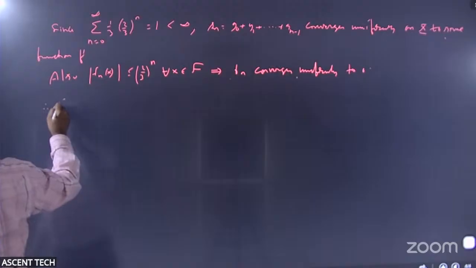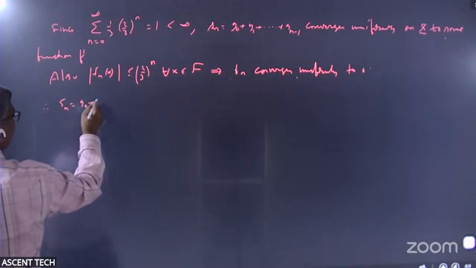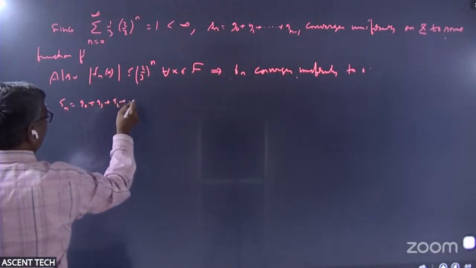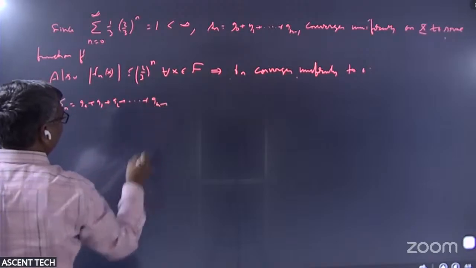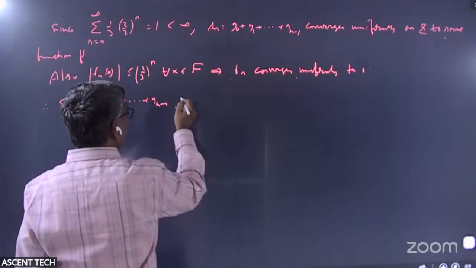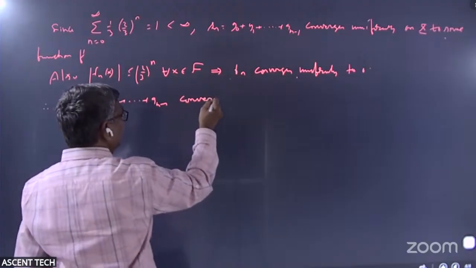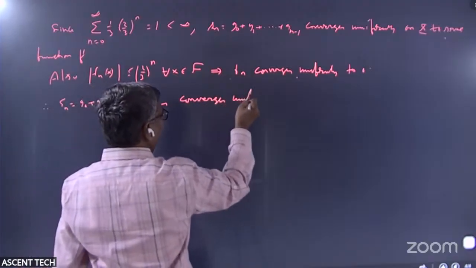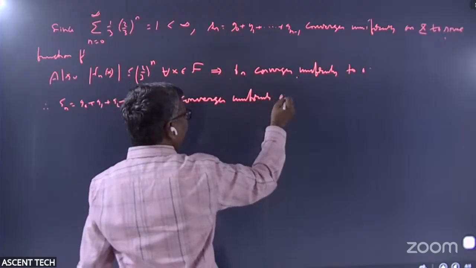Therefore, Sn, which is G0 plus G1 plus G2, etc., plus G(n-1), converges uniformly to F0.